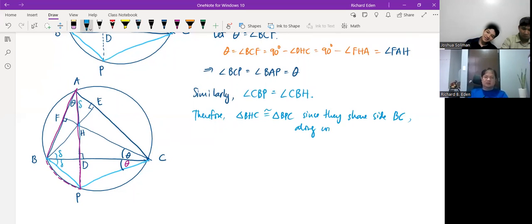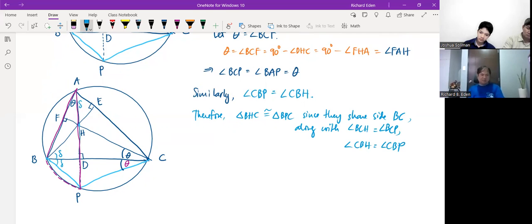So BCH and BCP, and then angle CBH, CBP. Okay, so BPC, the one below, and BHC are congruent triangles.